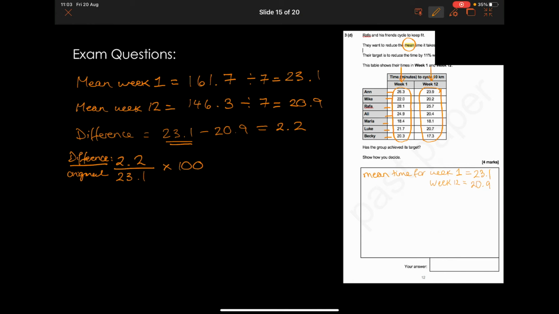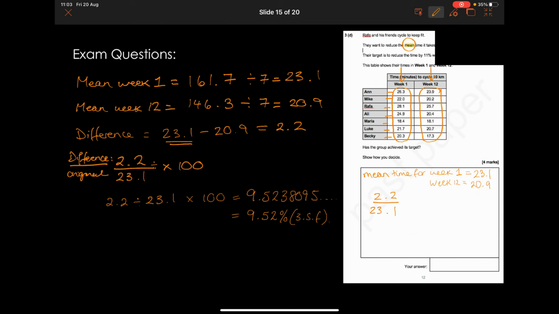On your calculator, you would do 2.2 divided by 23.1, times by 100. You should get 9.523895, and if we round it, we could say 9.52% to 3 significant figures. So you can put that in your box.